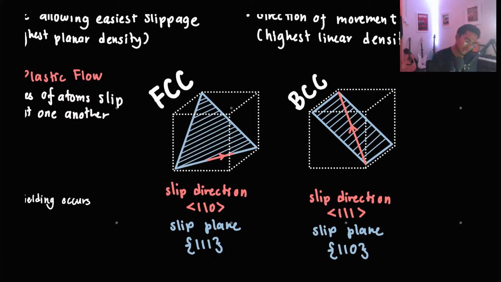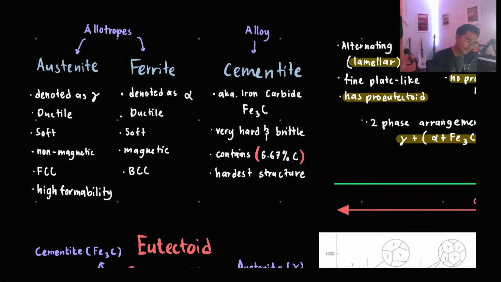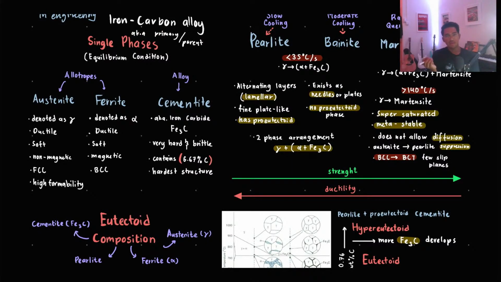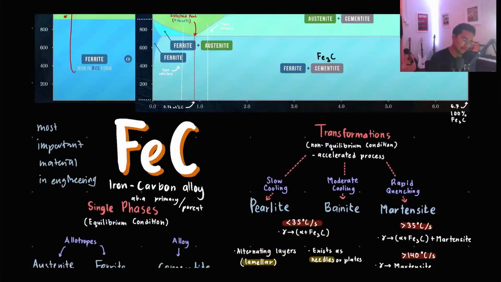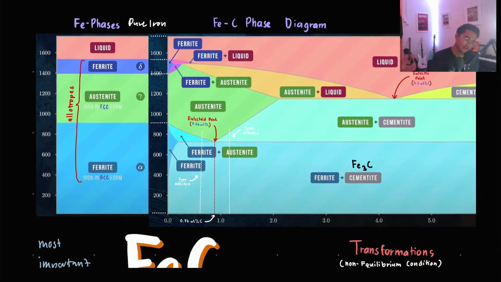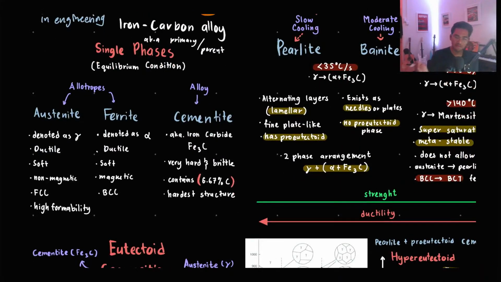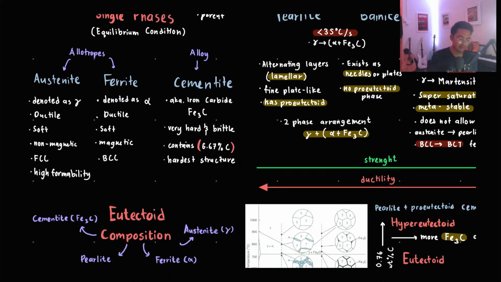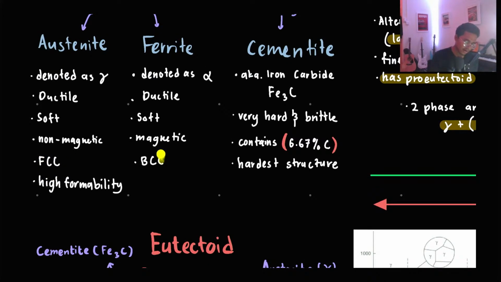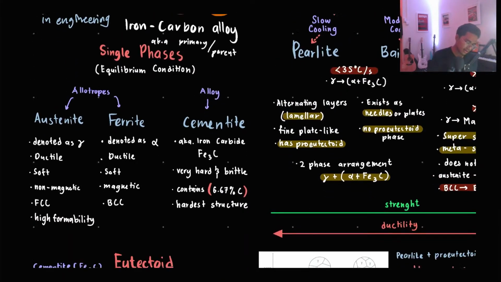It plays a big role in the different microstructures of ferrite and austenite. So that is the uniqueness of iron. It can change FCC to BCC. It is uncommon to find this sort of transformation in other metals. So austenite is FCC and ferrite is BCC.